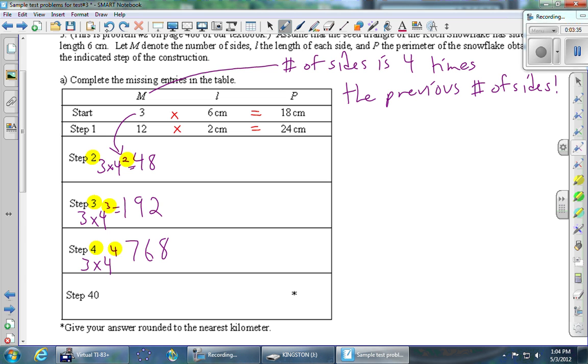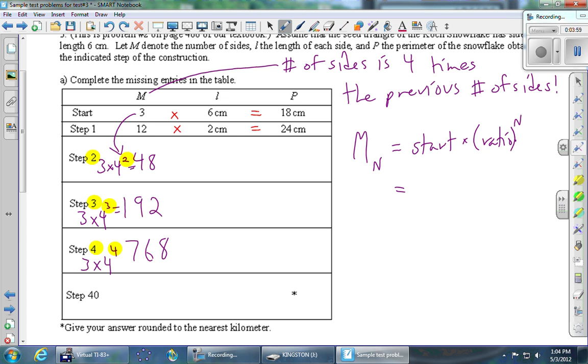And so if I want to get to the nth step, then we've got a formula. This is an exponential growth model. And so we'll write in English the formula for exponential growth. You take your starting number, you multiply it by the common ratio or the multiplier, and you raise that to the n power.